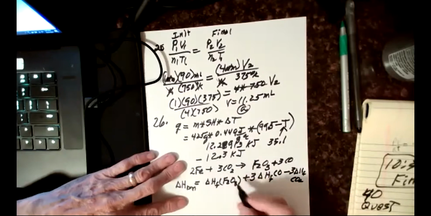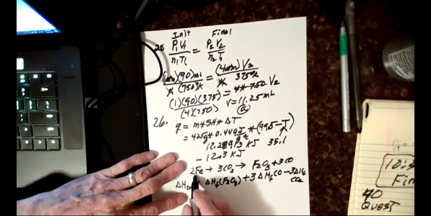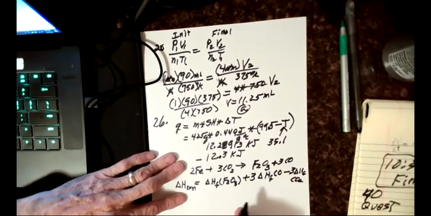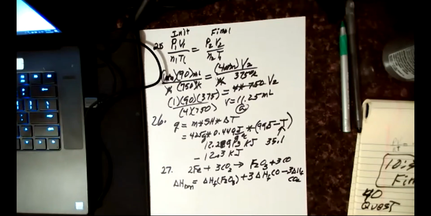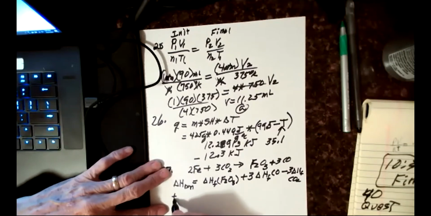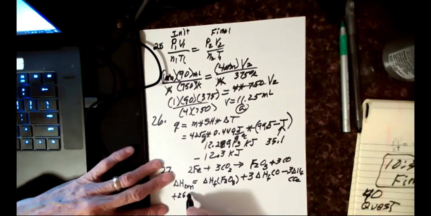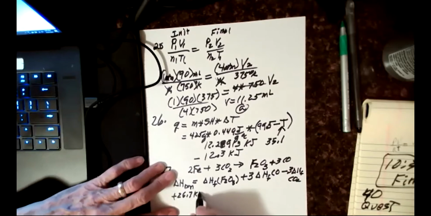It's products minus reactants. I leave out the iron because it's an element in its standard state, so it's okay. I'm given the delta H of the reaction. It's plus 26.7 kilojoules for that reaction.